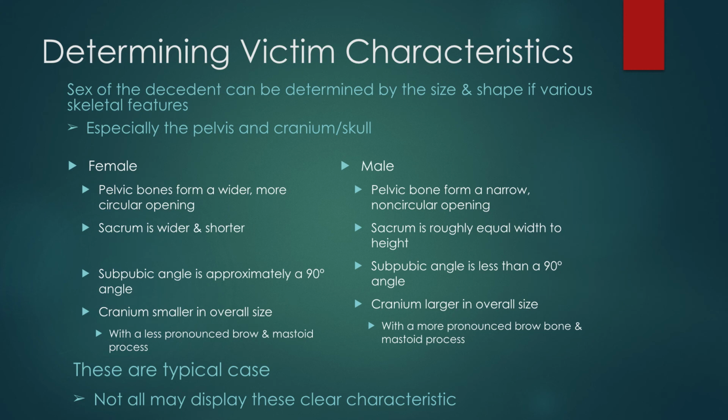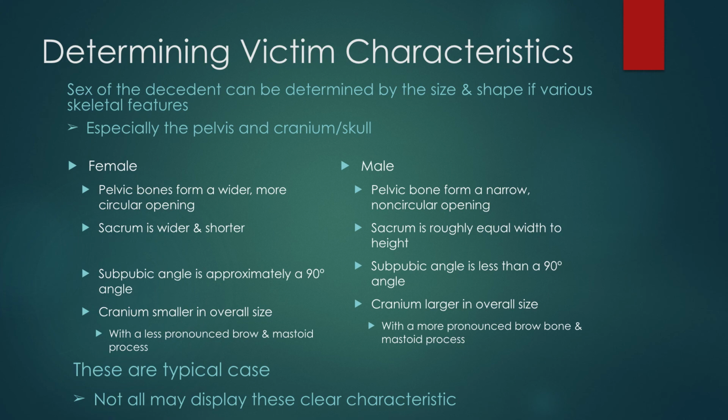So the sex of the decedent can be determined by the size and shape of various skeletal features, especially the pelvic and cranial bones, or the skull bones. In a female, pelvic bones form a wider, more circular opening, whereas the male's pelvic bones are more narrow, non-circular.